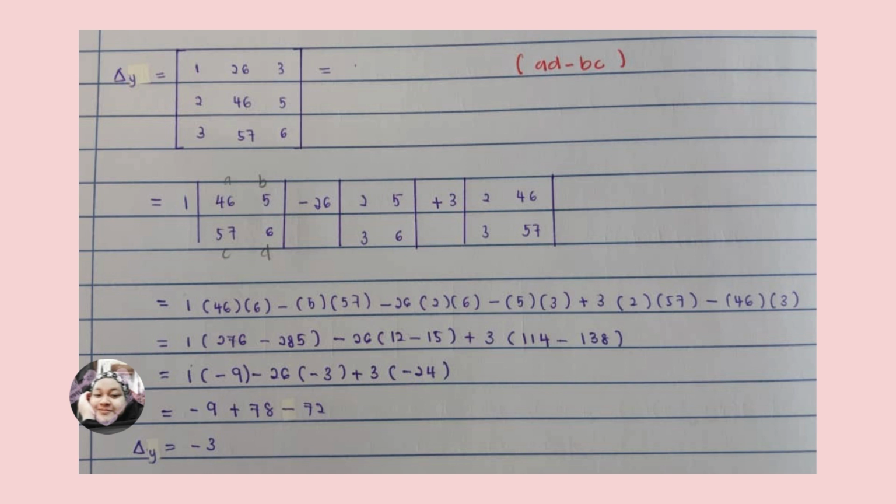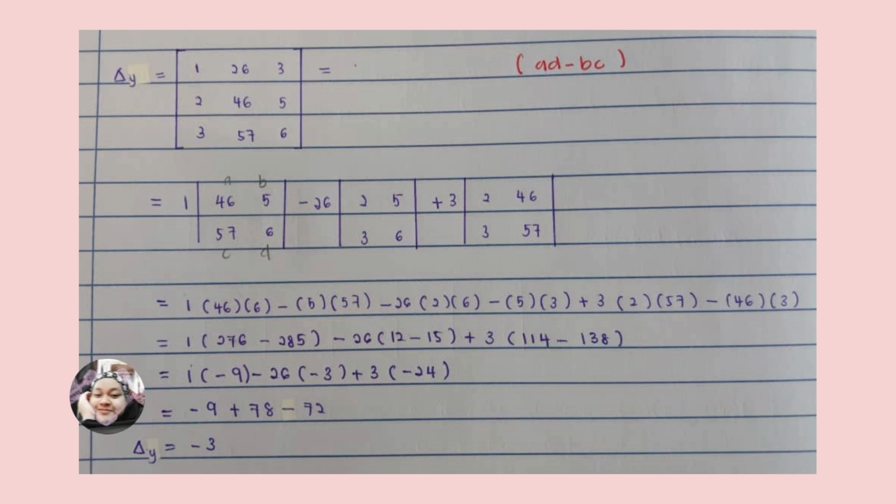Then we use the same formula, AD minus BC. Then we put the scalar multiplier in front of the formula. Then we fill the formula with the equation that we used.